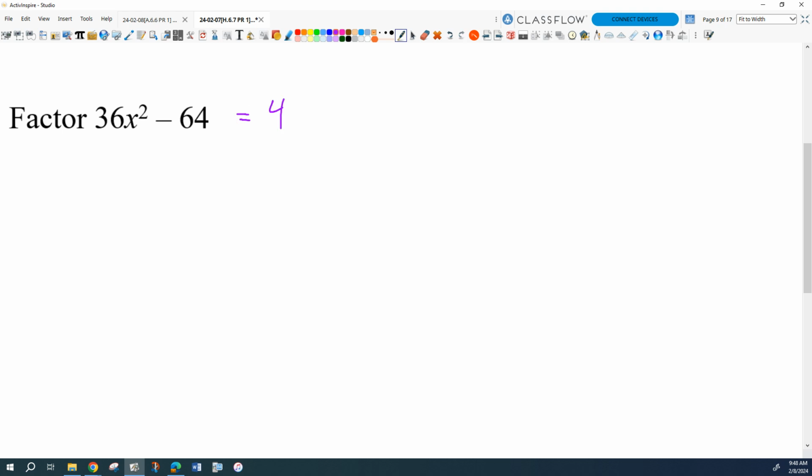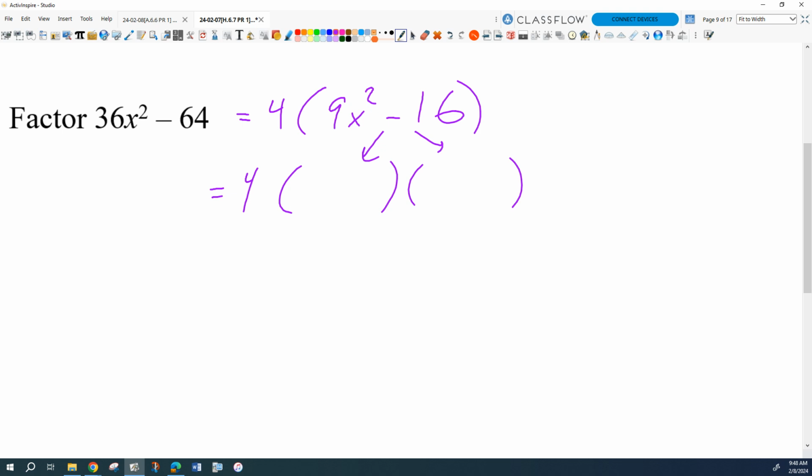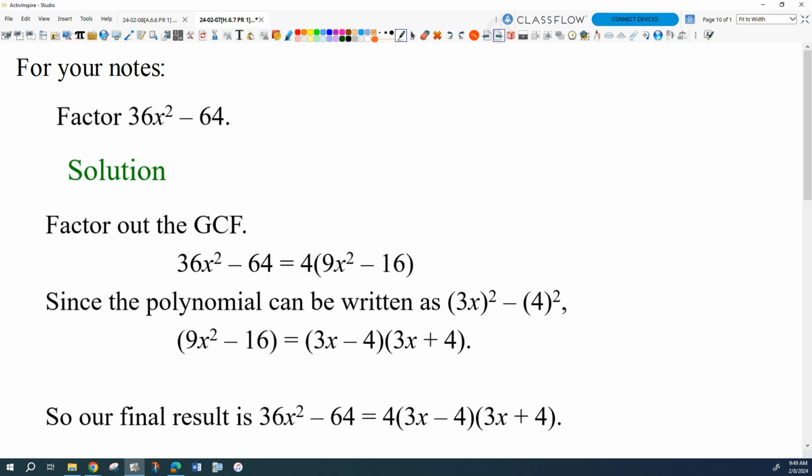So I could have written that as 4 times what? 9x squared minus 16. Aha. And then what is 9x squared minus 16 going to split into by my difference of squares? 3x minus 4 times 3x plus 4. Way easier, right? So always factor the GCF out first, every time.